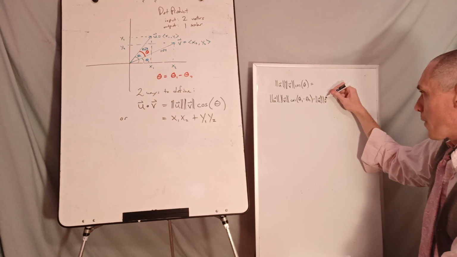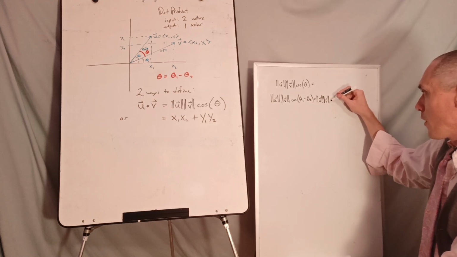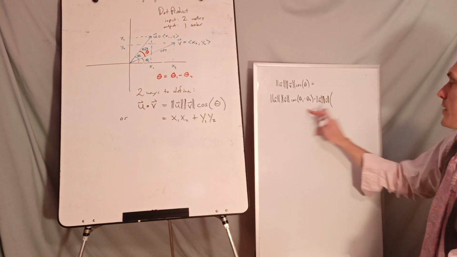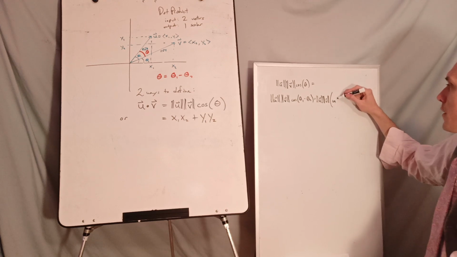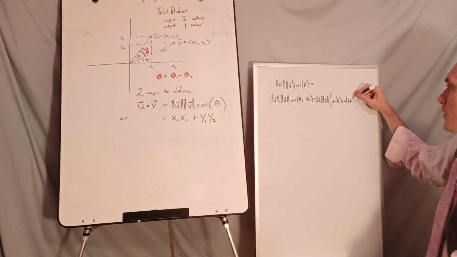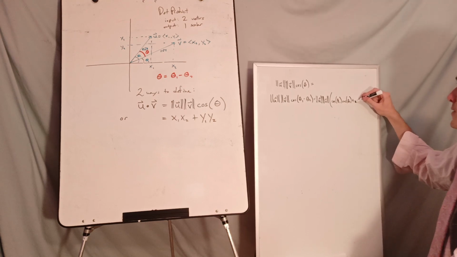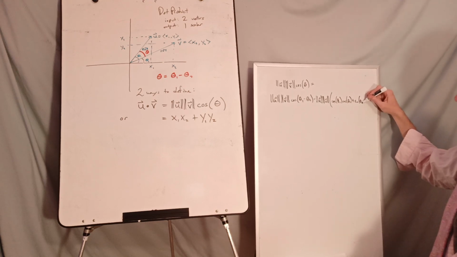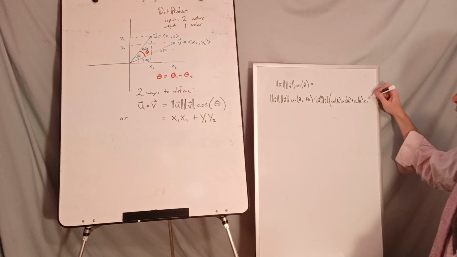So copying this part that's not going to change much. What is that identity? We're going to have cosine of theta 1 times cosine of theta 2 plus sine of theta 1 times sine of theta 2.